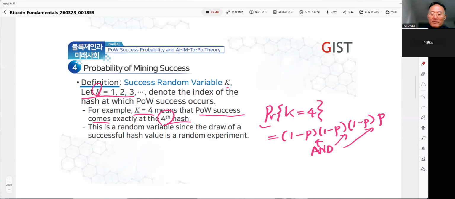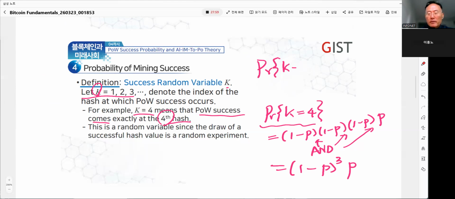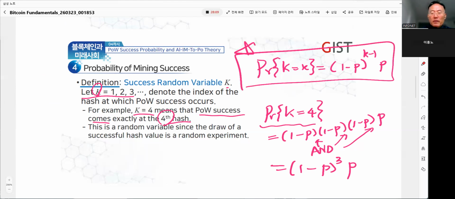The operation is AND, right? So these are all AND operations. So this one is (1 minus p) to the power of 3 times p. So if you let K equal small k, the probability is (1 minus p) to the power of k minus 1 times p. So that's the probability.